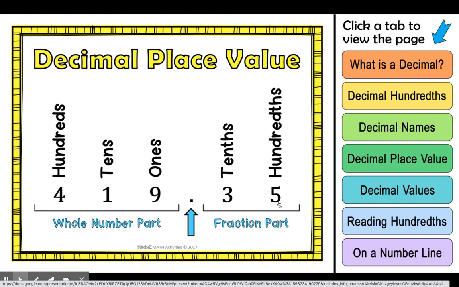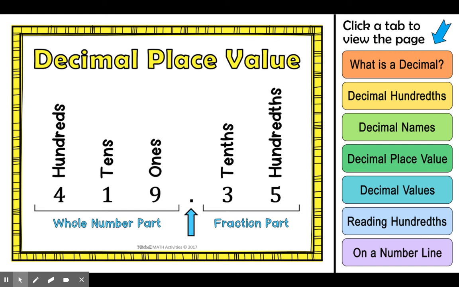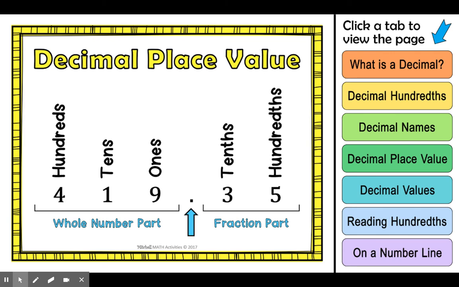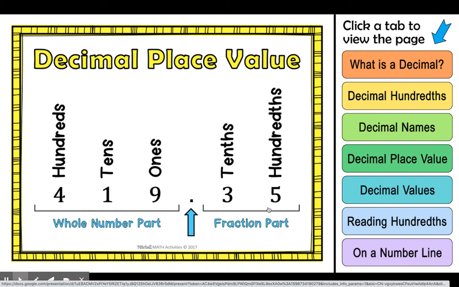So if you don't remember, there's a place value chart posted in your Monday folder for this week. I put it in last week's folders, but I'm also putting it in this week's folders for you again. I want you to get in the habit of using that place value chart so that you can really remember that this spot here is tenths always, and this spot here is hundredths always.